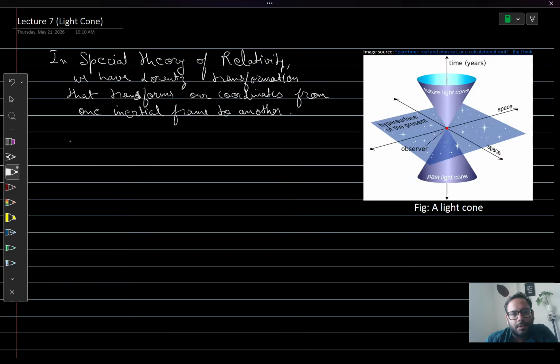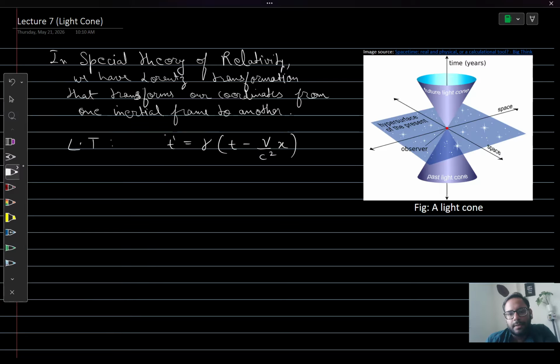And what are these Lorentz transformations? Let's start with t prime. It's t prime equals gamma times (t minus v by c squared times x). These unprimed coordinates are of the S frame, considered stationary with respect to us.